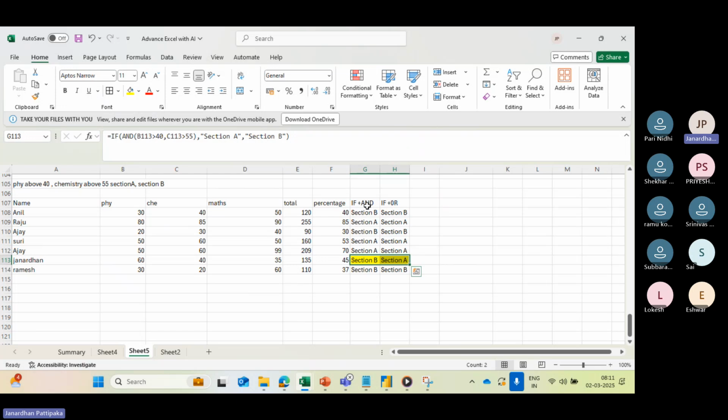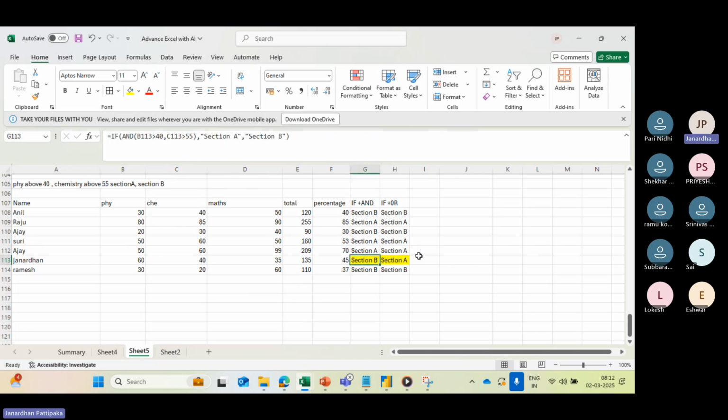If it is IF along with AND, the physics you should get above 40, chemistry above 55. But when you look at this person, he got physics above 40, okay, this person is above 40, right? But chemistry should get above 55. What is this chemistry mark? 40. So one condition passed, one condition failed. When you use AND, if one condition fails, it will not give section A. That's why it has failed here.